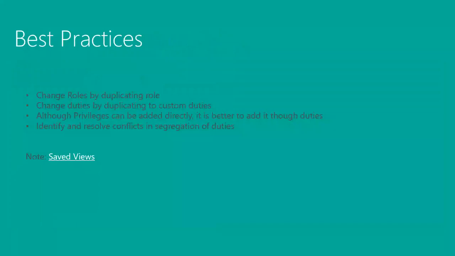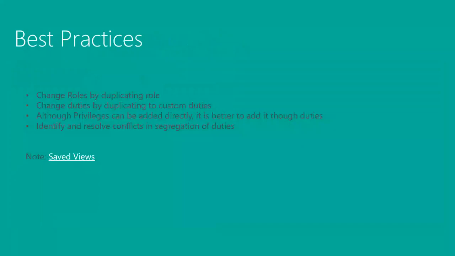Duties are not specific to one role. When we have one specific duty, multiple roles can use this duty. So changing a duty is not recommended, because remember that when you change a duty, all the roles that currently have this duty will be impacted by that change. So it's always better to duplicate this duty to a custom duty and then change the duties.